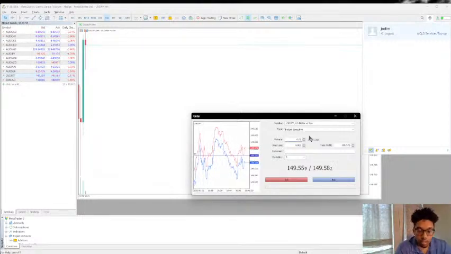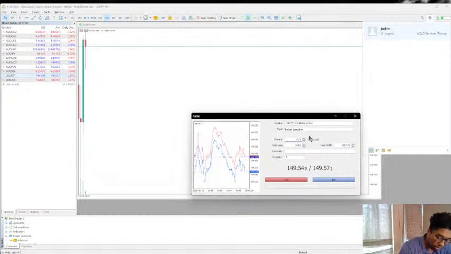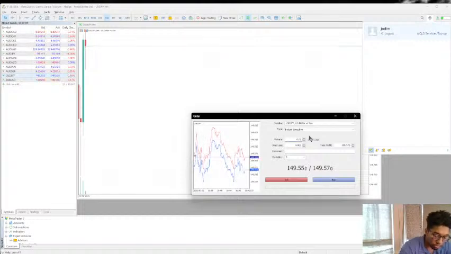I get sidetracked. So once you've figured out how much risk you're going to allocate to your trade, you need to set up your take profit and your stop loss. This basically helps you manage risk, right?